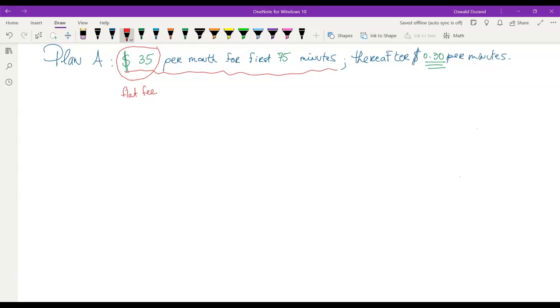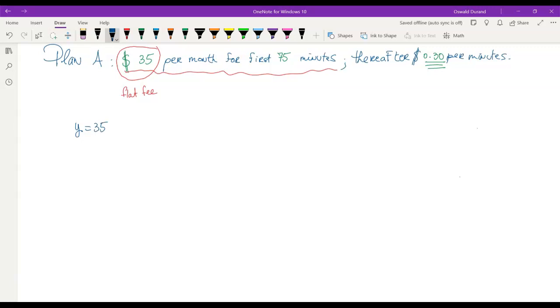So it's a flat fee. If you remember in discussion three, if you have a flat fee, then we have what? A horizontal line, right? So the $35 here is really y equal to 35.